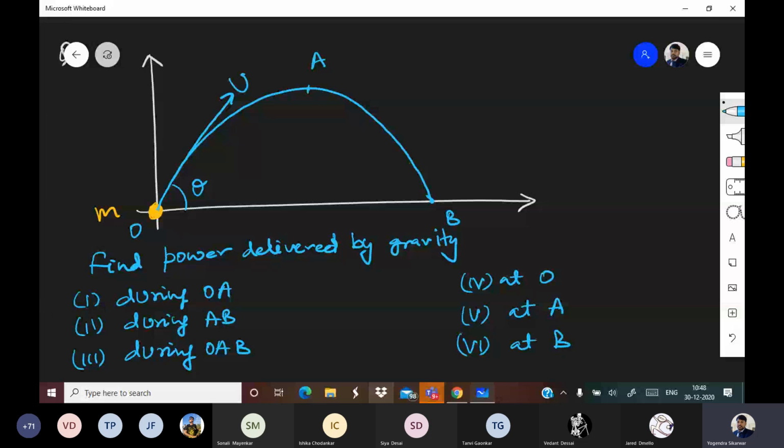Samarth is saying POA is equal to minus mu sin theta g by 2. PAB is equal to mu sin theta g by 2. POAB is equal to 0. P at O is equal to minus mgu sin theta. PA is equal to 0. And PB is equal to mg sin theta. Okay. Manhas is saying mgu square sine 2 theta by 2 gt. What is t here, Manhas?